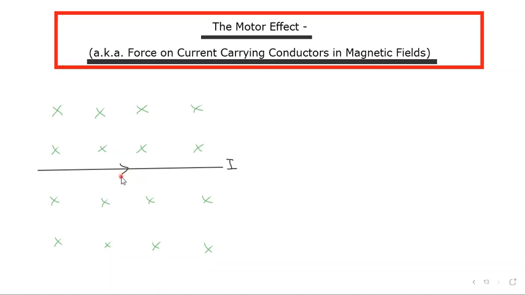It is carrying current, conventional current I, to the right-hand side. It is in this green field, which represents a magnetic field. And what we've basically found is that if you have a wire like this, carrying current in a magnetic field, then this wire will experience a force. That's what we're saying.